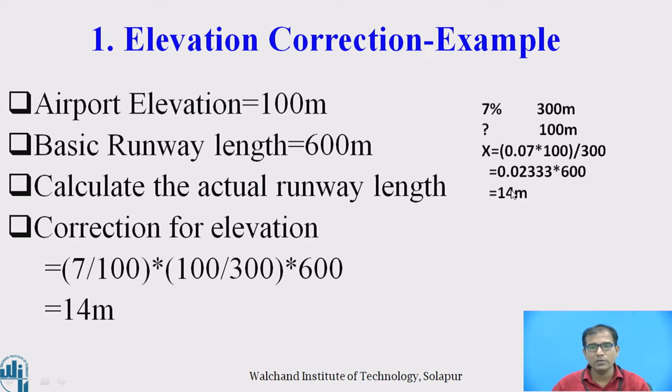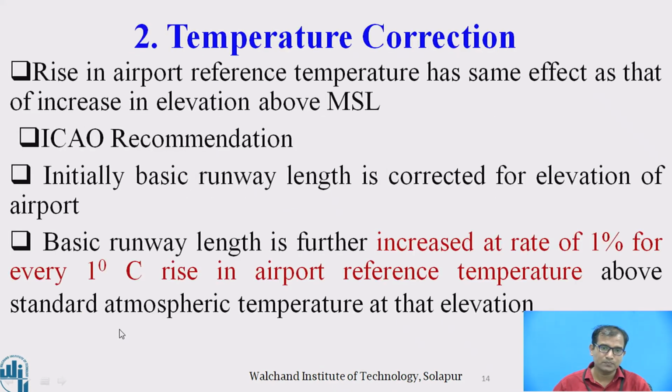So 14 meters is the additional length required. The airport elevation is 100 meters above MSL, and for this 100 meter rise in elevation, we add 14 meters of extra length to the basic runway length. So the runway length is 600 meters plus 14 meters, so 614 meters is the runway length after correction for elevation.